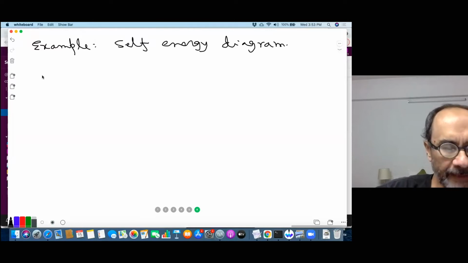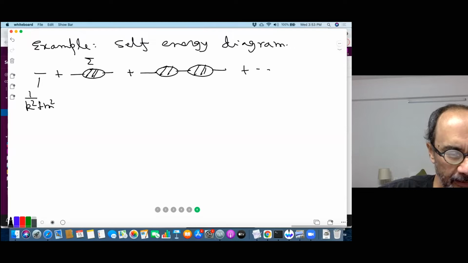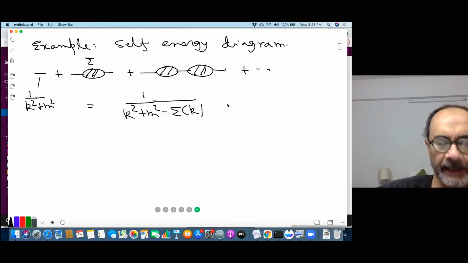In QFT, we are supposed to sum over these objects. If you call this sigma and this a tree-level propagator, so 1 over k square plus m square, then this sum we rewrite as 1 over k square plus m square minus sigma of k. And then we can try to look for the poles of this propagator and do LSZ.